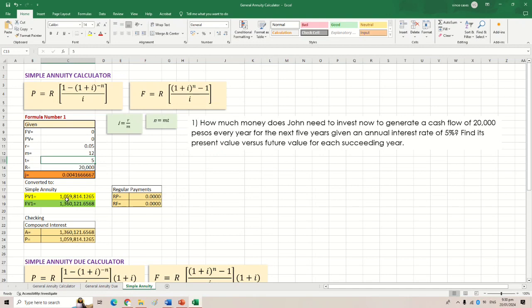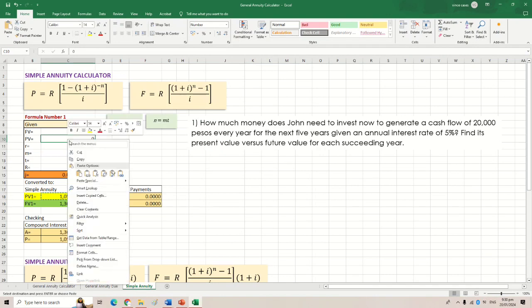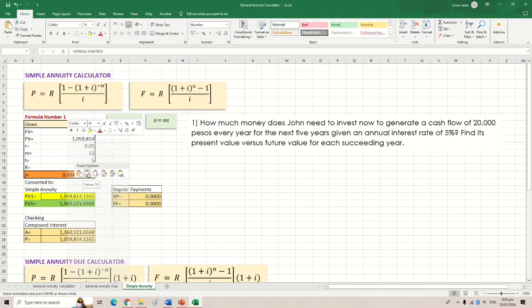Now, to check if our calculator is consistent, I will copy our present value and paste it here in the present value input cell, and make sure you click the 1 2 3 option in pasting.